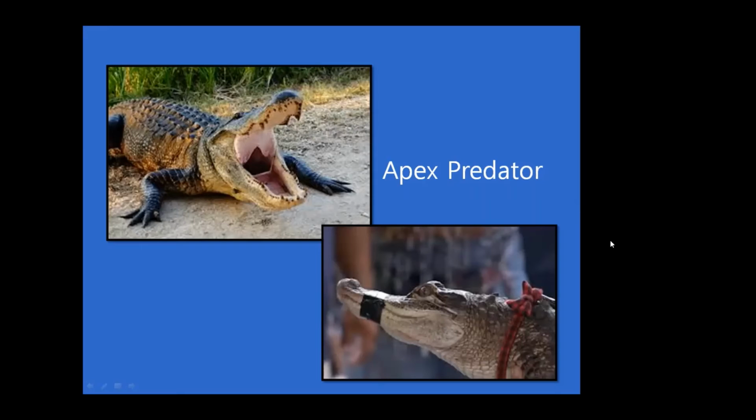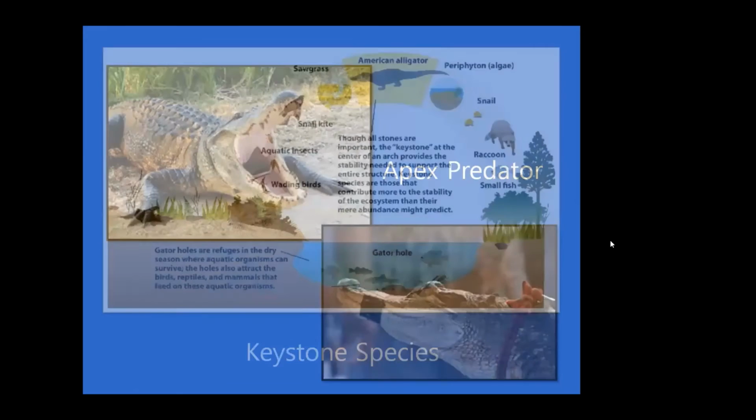They are dispatched. They can't be relocated. If you take them just a little way off, they'll come back. And if you take them a great distance, you're putting them in the territory of another alligator. So altogether, we should learn to respect them and live with them.